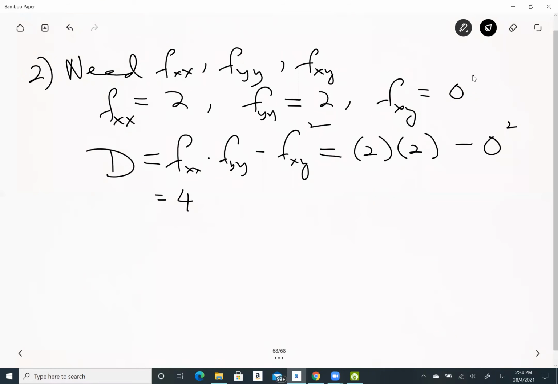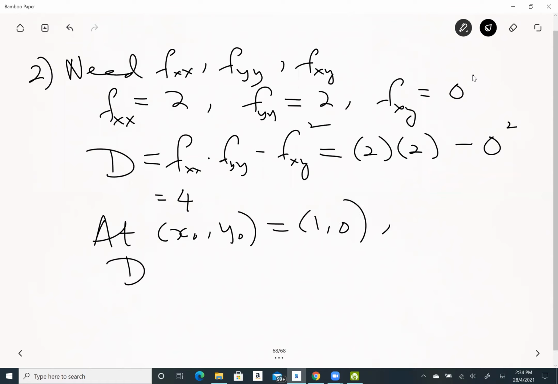But we need to show at the critical point x0, y0, what is the value of d, even though it is straightforward. So at 1, 0, d is equal to 4, and that is bigger than 0.